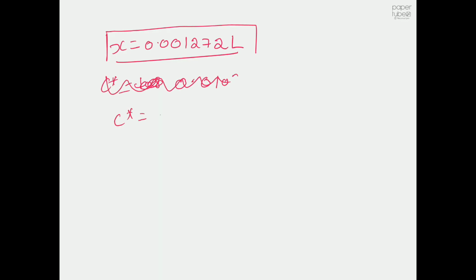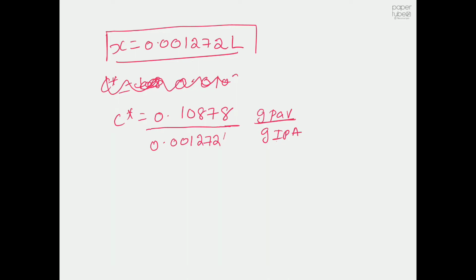C star is equal to 0.10878 divided by, this is grams of paracetamol divided by grams of IPA. So 1 gram of IPA will be equal to how many liters? That will be equal to 0.001272 liters. So this should give you your solubility concentration.